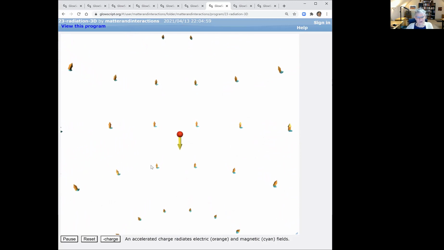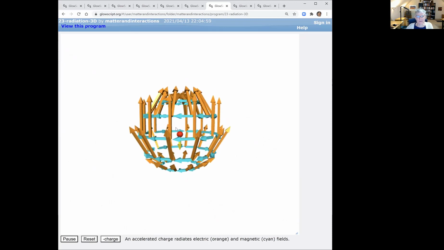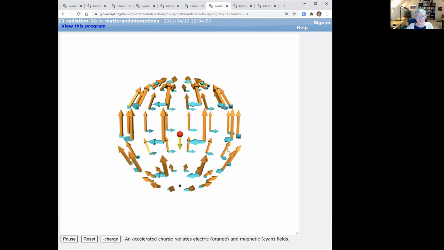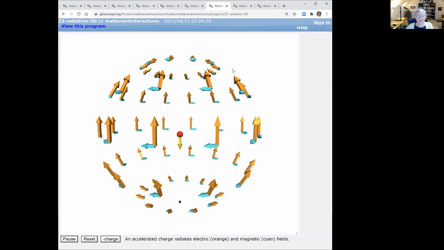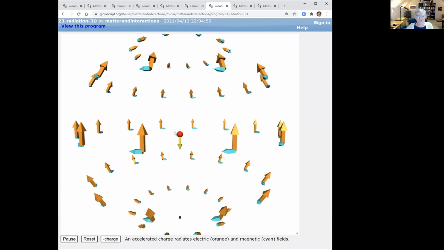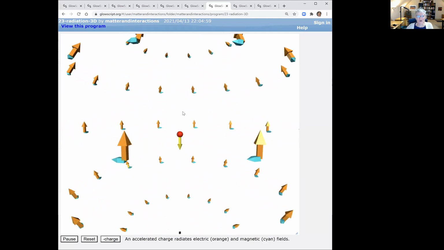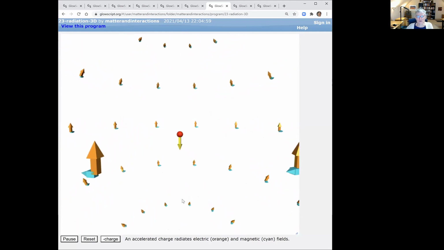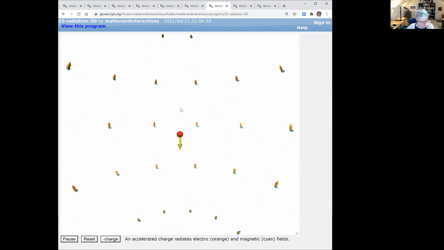Let's do it again, except in certain directions. So this time look and see where we get a magnitude of the fields are. Okay, so the magnitude of E is large here, small here, and it looks like it's actually 0 right along the direction along which the charge was accelerated.